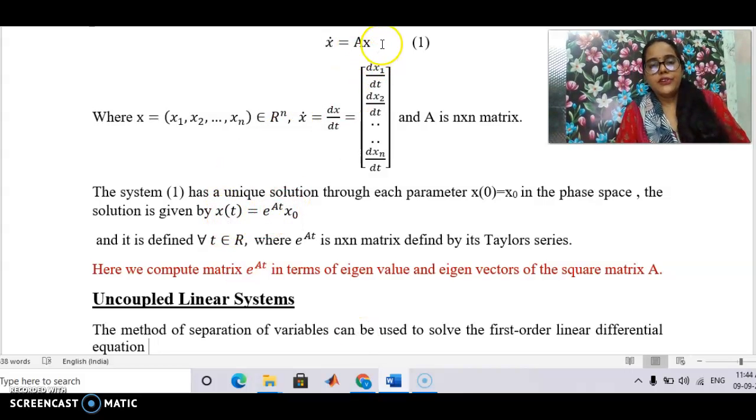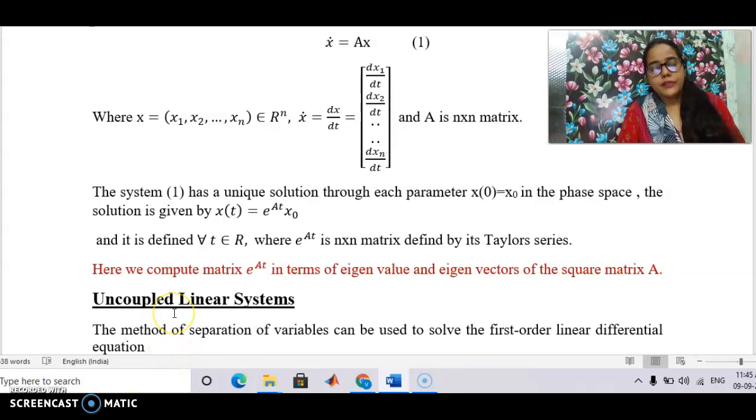Because we know that the solution of the system is exponential type, all the work consists of computing this e to the power at matrix in terms of eigenvalue and corresponding eigenvector.